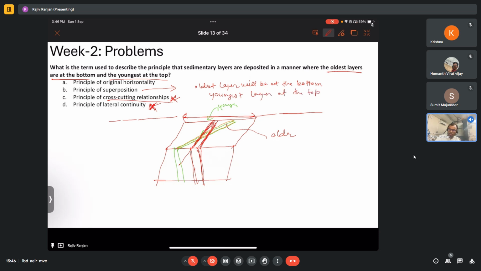And this is what the question is asking. The principle of horizontality says that if any deposition, sedimentation, is taking place, it will deposit in a completely horizontal manner. So here the question is related to the principle of superposition.